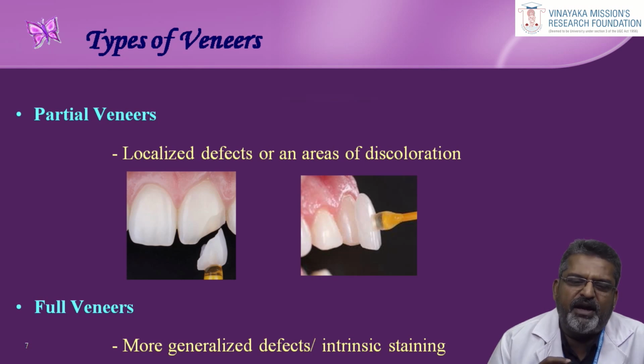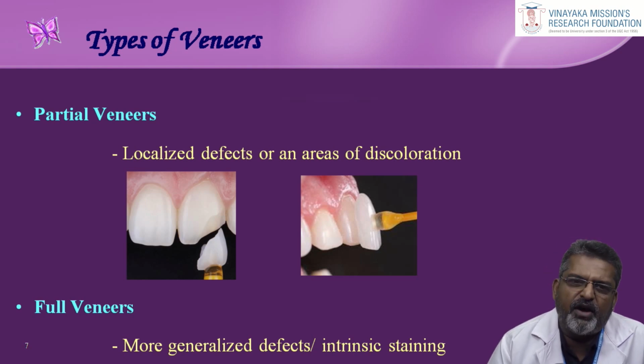Coming to the types of veneers, we have two types. One is the partial veneer. As the name implies, it is self-explanatory: it is a partial replacement.